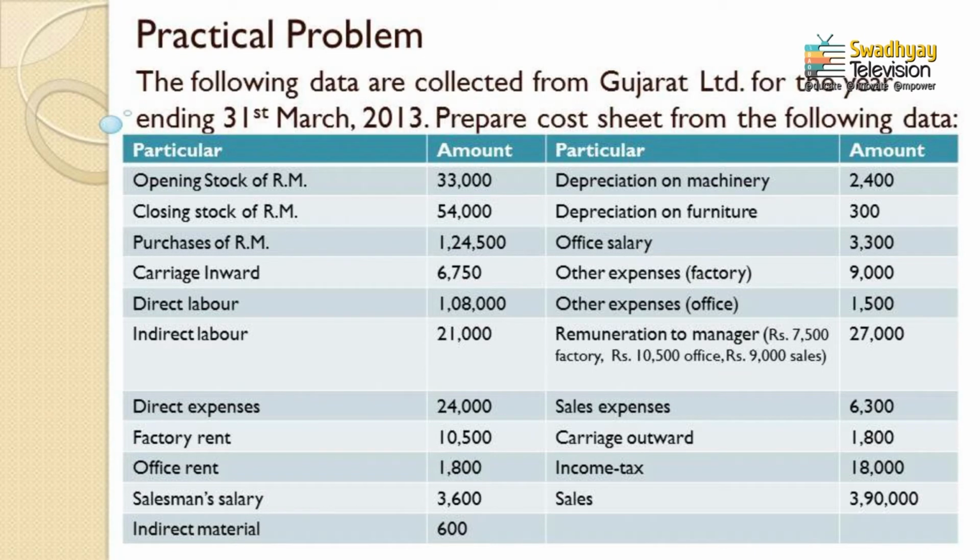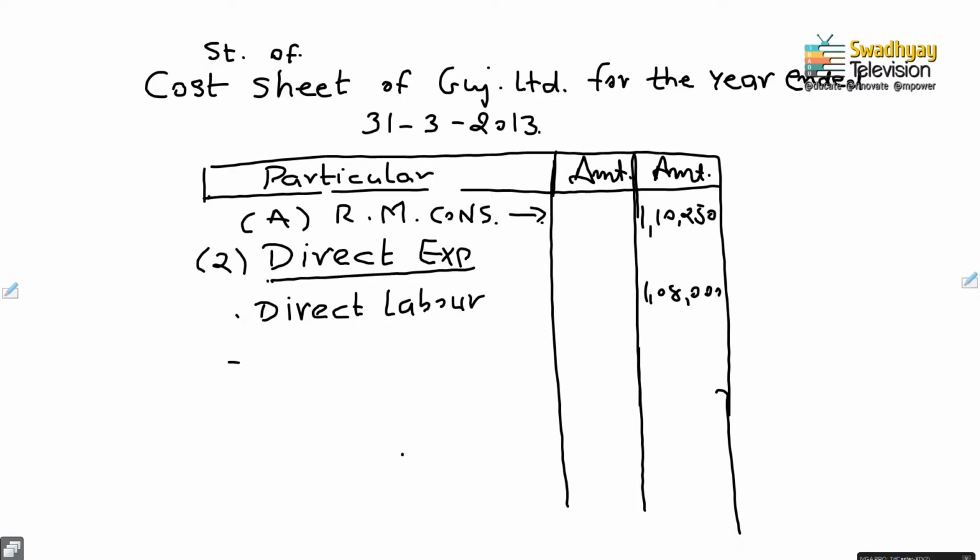See the question, in the direct expenses also we have a certain amount, that is 24,000 rupees. So direct expenses is also recorded under the second head, 24,000 rupees. We do not have any more direct expenses under this head.